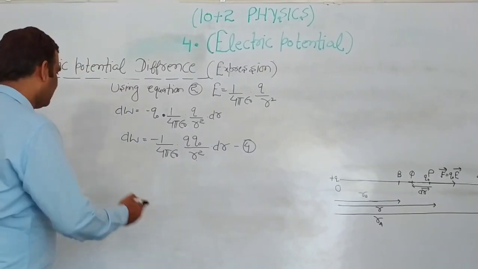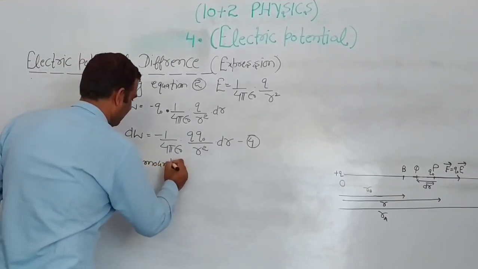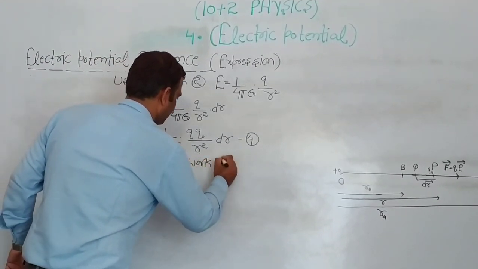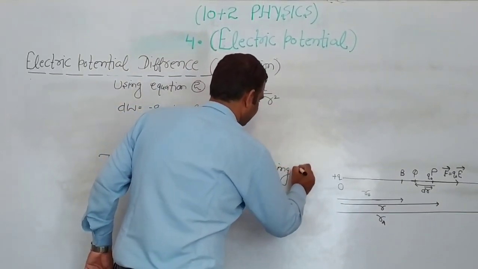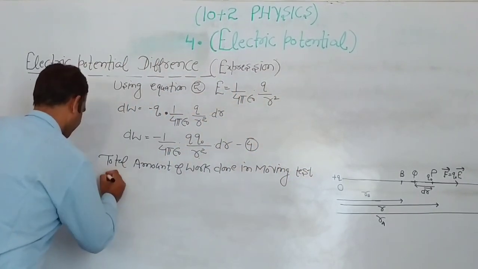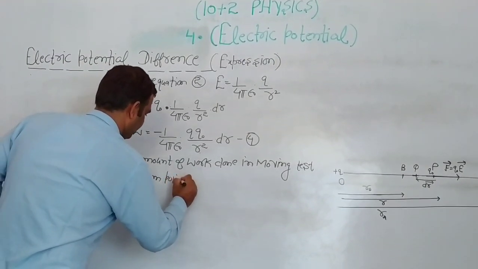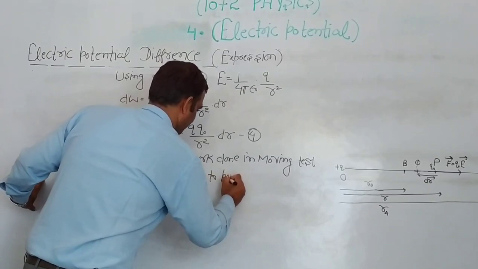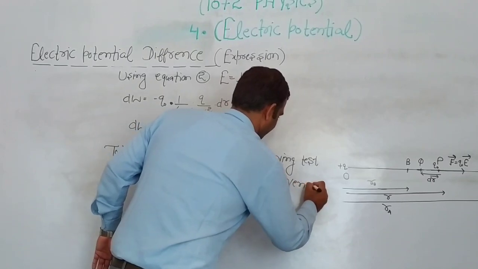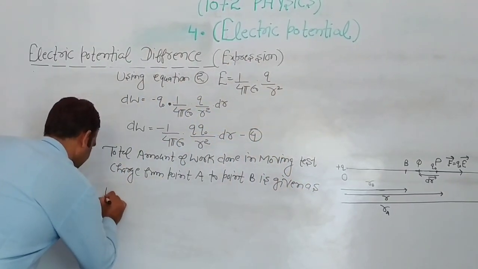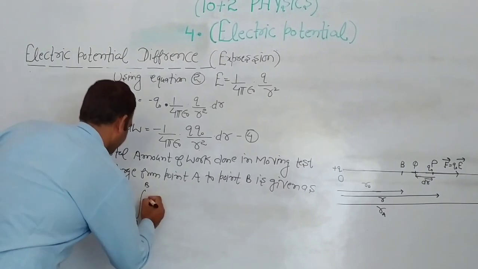So the total amount of work done in moving the test charge from point A to point B is given as W_AB is equal to integral from point A to point B of dW.